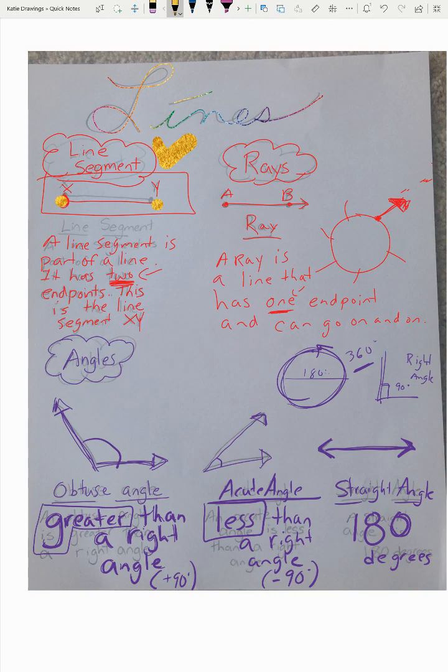And then a ray just has one starting point, but it goes on and on and on. And then remember, obtuse angles are greater than 90. Acute would be anything less than 90 degrees. And then a straight angle is always going to be 180 degrees.